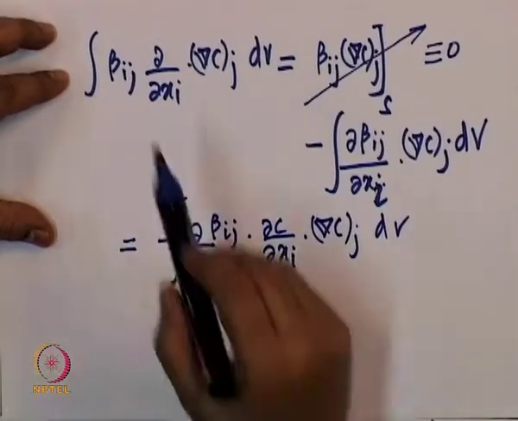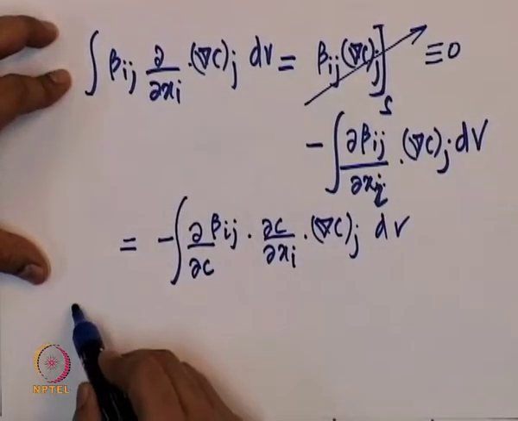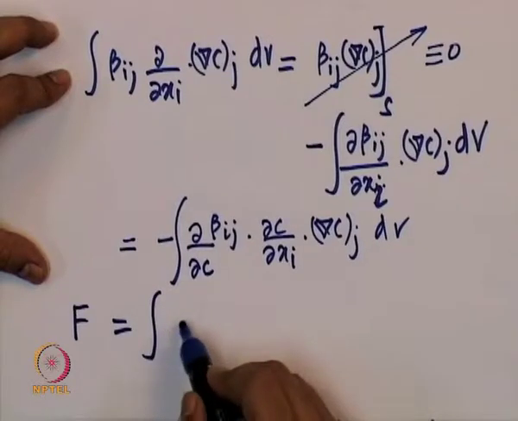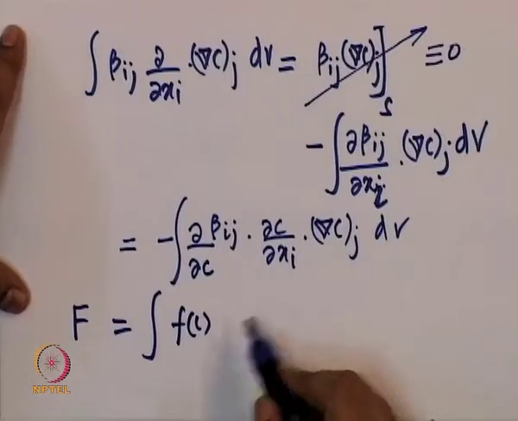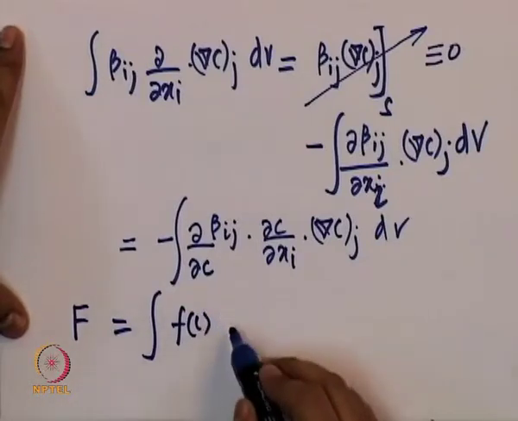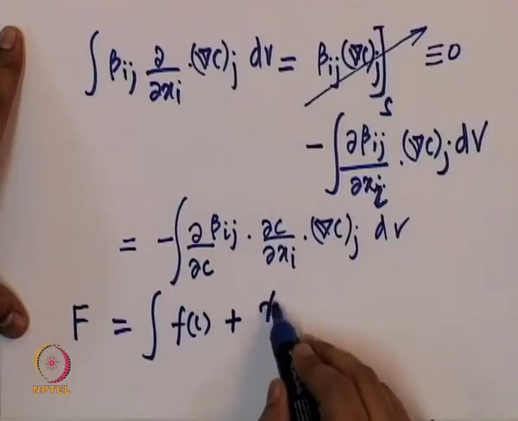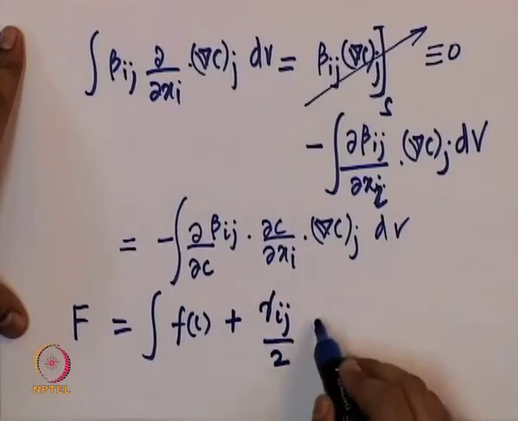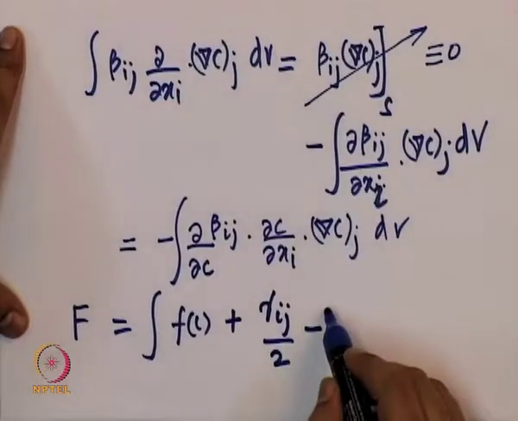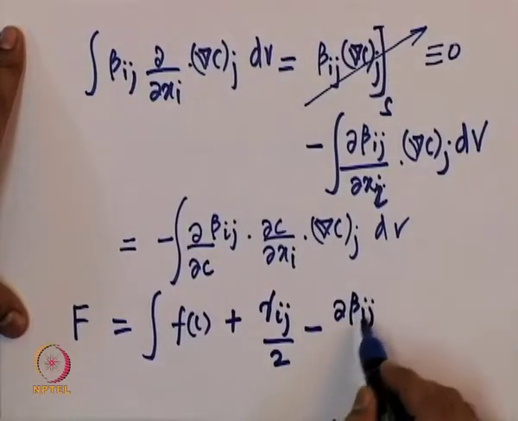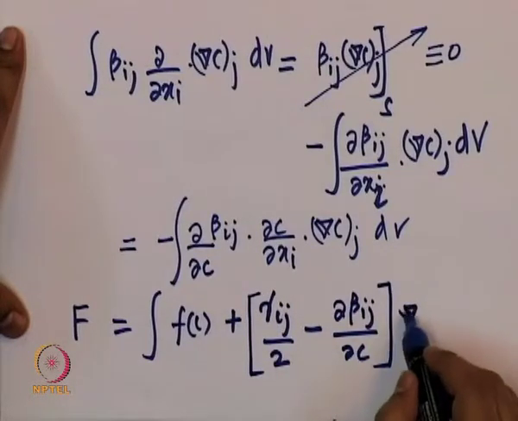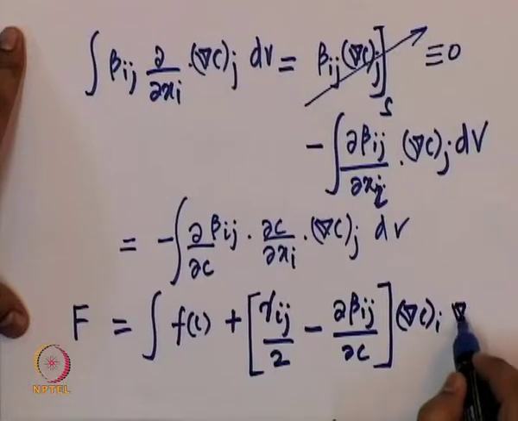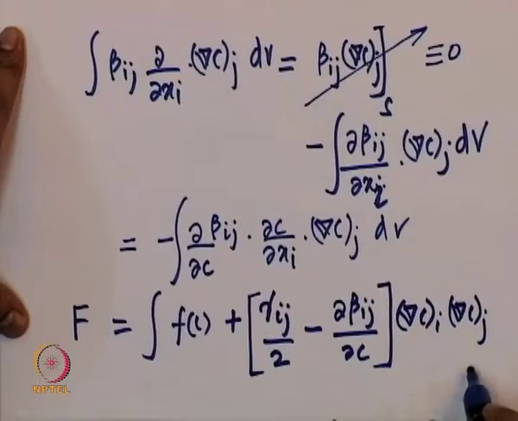If we substitute this back into the free energy, we see that f is equal to the integral of f(C), the first alpha term is 0, that we already argued, then plus gamma_ij by 2 minus this term ∂beta_ij/∂C multiplying ∂C_i ∂C_j, total dV.